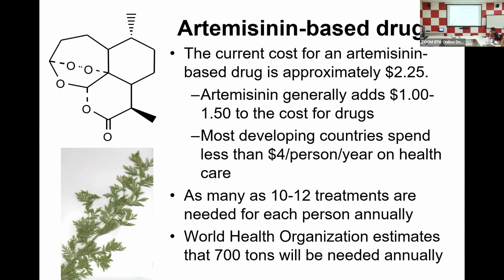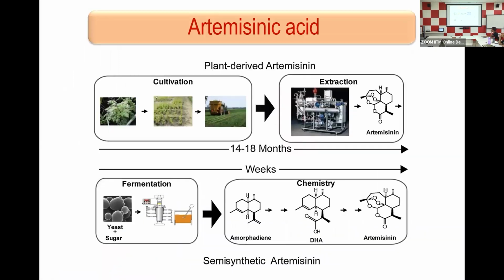Also, an infected person needs about 12 treatments a year, and then simply it will not work because of the economics, right? And the WHO suggests that the planet needs to produce at least 700 tons of artemisinin to cover all the necessities for patients for malaria.